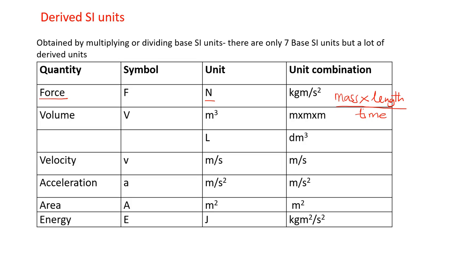So we can say that we have a lot of derived units, but these derived units are obtained by multiplying or dividing base SI units. However, both the base and the derived, both of them are SI units.